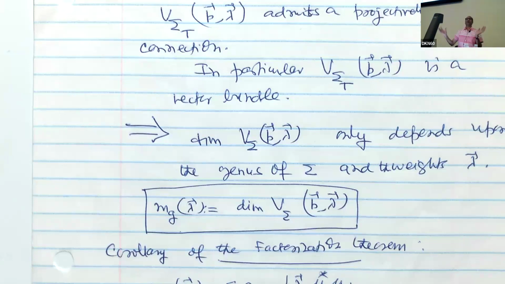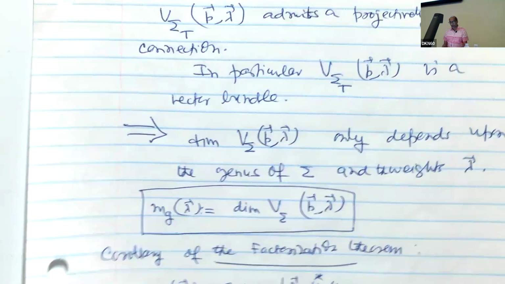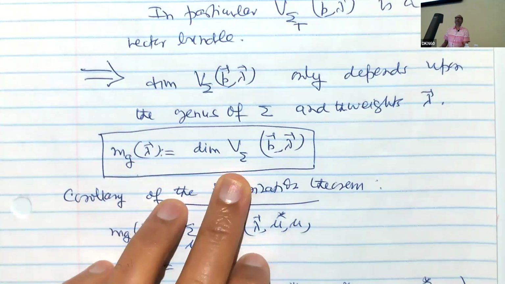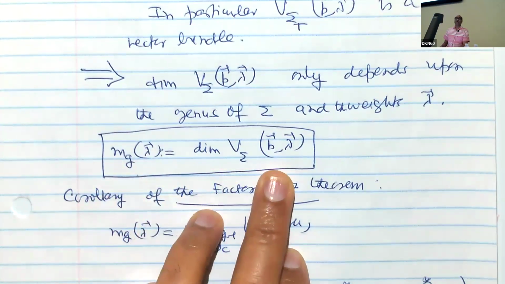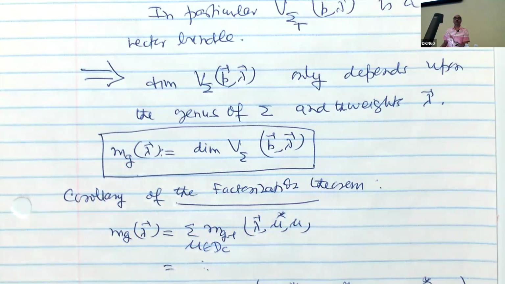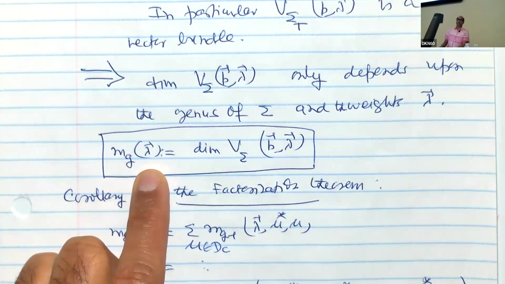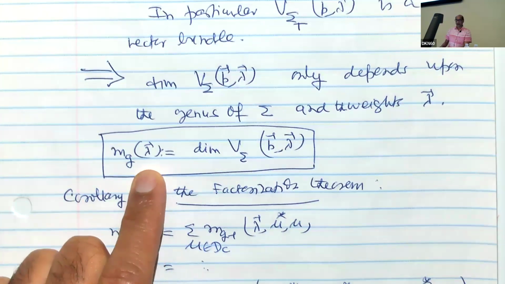I want to give you an overview of the whole scheme. Okay, so now let's call this dimension of V_sigma, p, lambda. It does not depend upon the particular curve, and it does not depend upon the choice of p_i. So it only depends upon the genus and the choice of lambda_i. So now legitimately I can say m_g of the vector lambda.